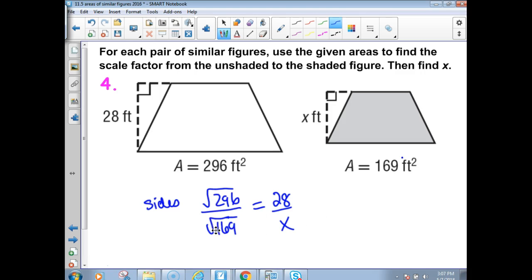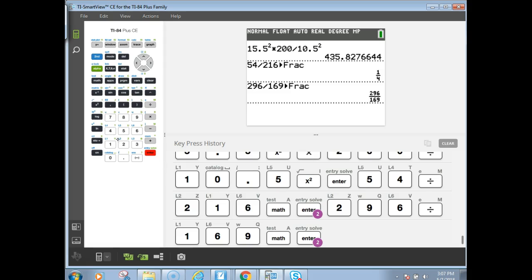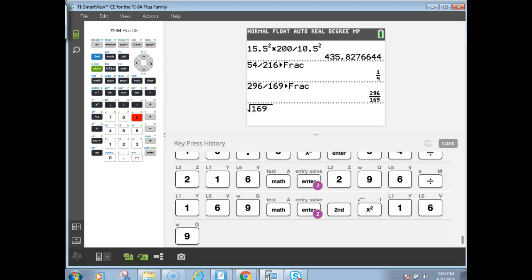Let's type in square root of 169 times 28. Now, careful when you do this. Square root of 169. Almost all the calculators, don't you guys have to push the arrow button to get out of there? All right, what were we multiplying that by? Times 28.